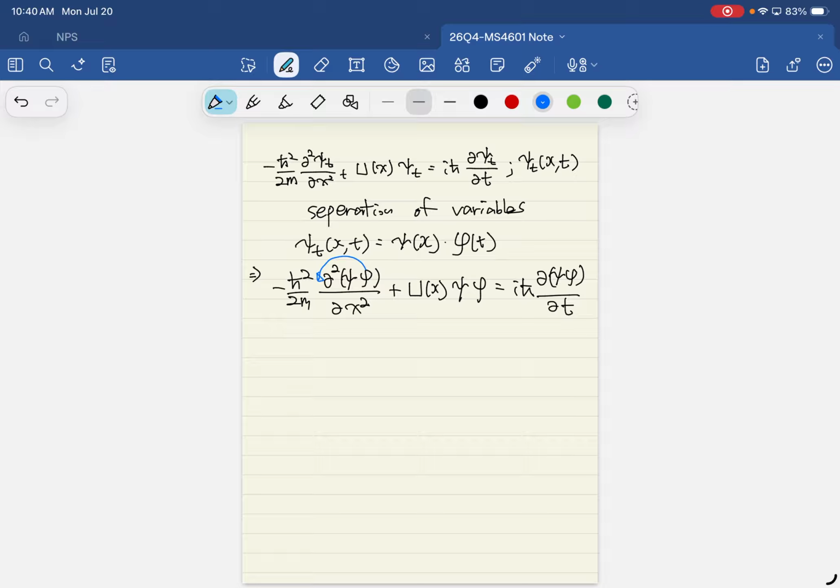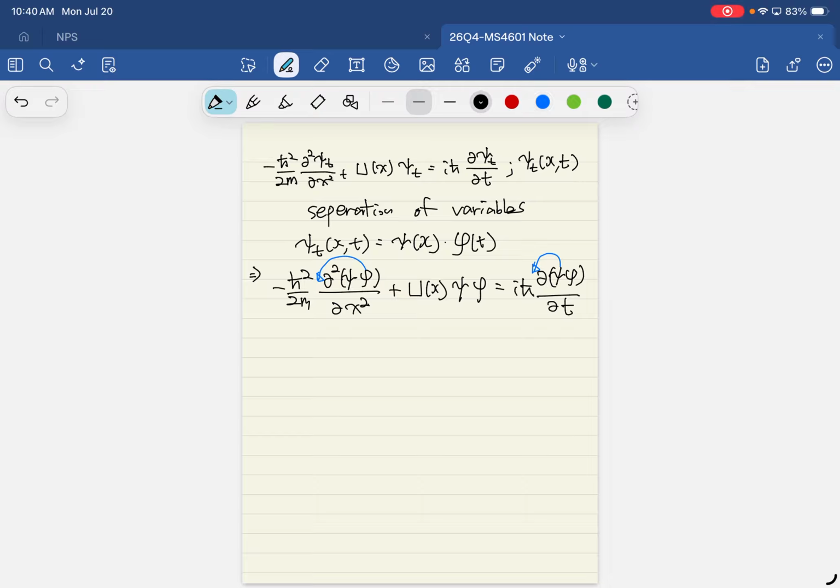And here we are taking the derivative with respect to time, but psi is only a function of x, so it can just come out of the derivative. It does not depend on time, so it's essentially constant.